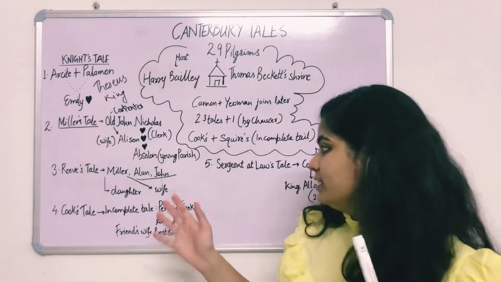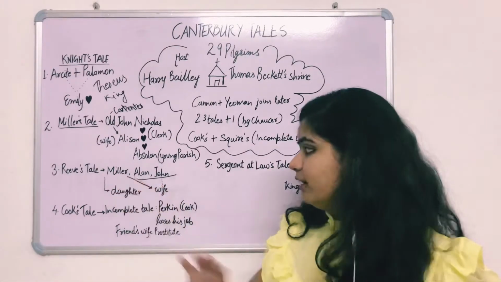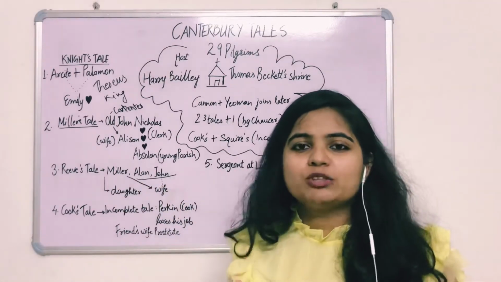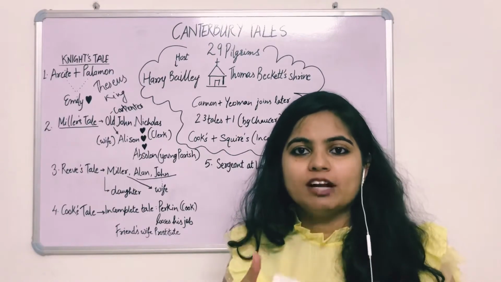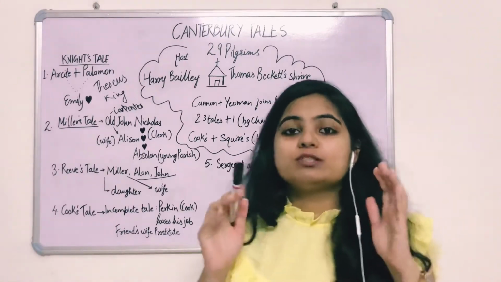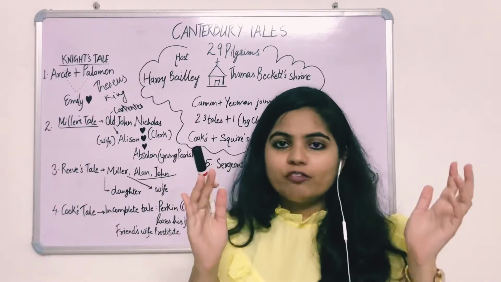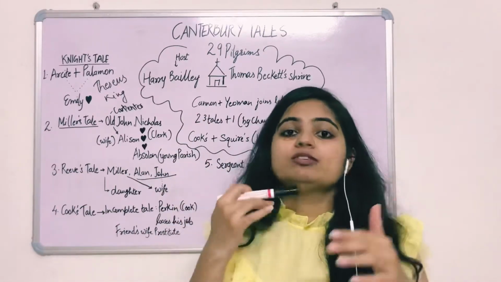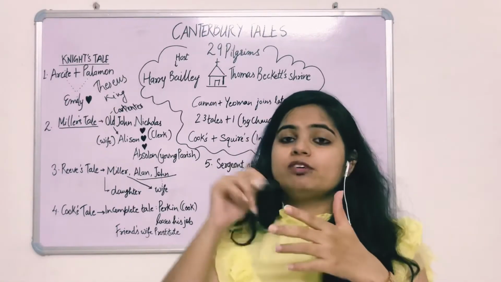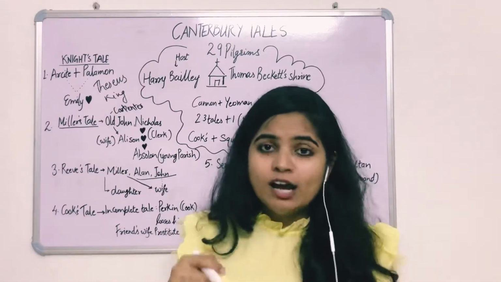So what do they tell the Miller? That soon you're going to have a Noah's Ark, a Noah's flood here, so you have to save us. You have to create three tubs on the roof of your house, and then you have to save yourself, then your daughter, then your wife also.